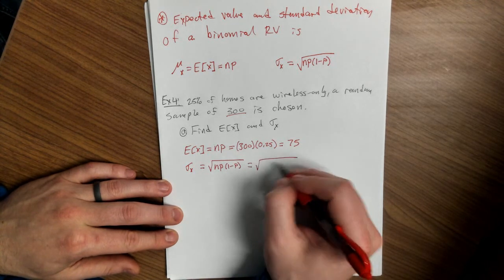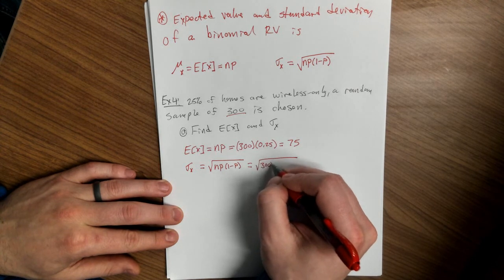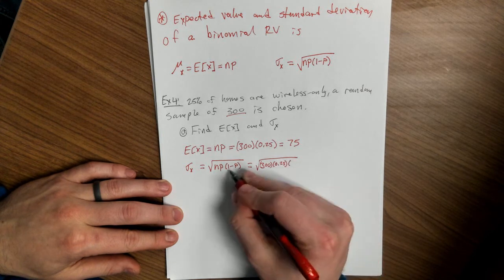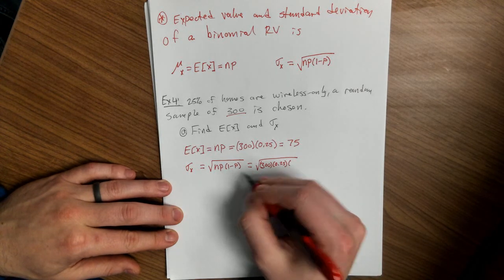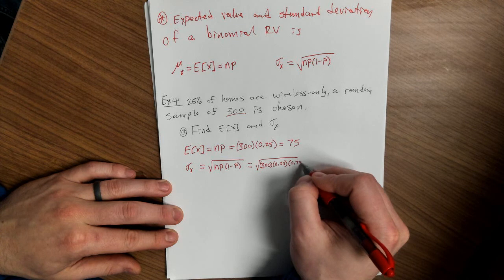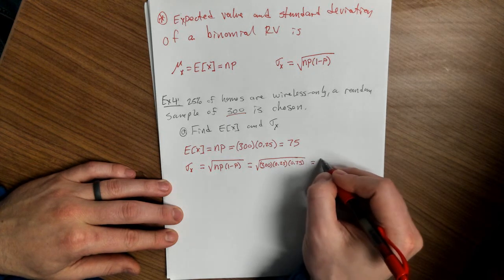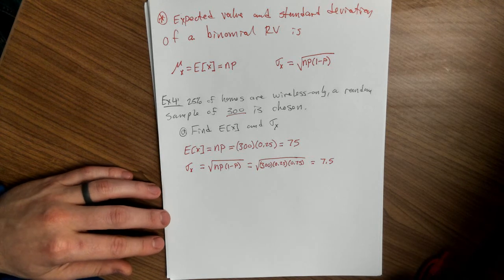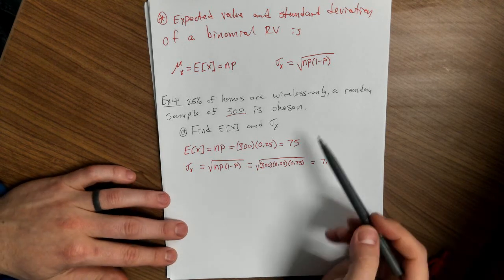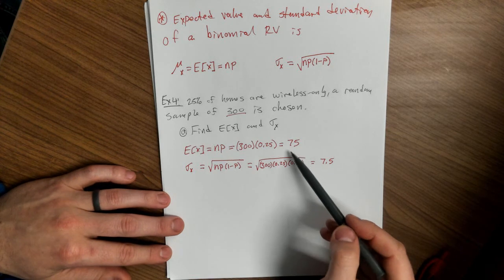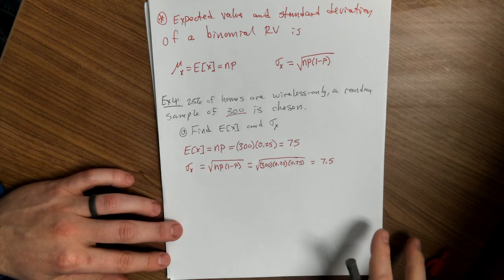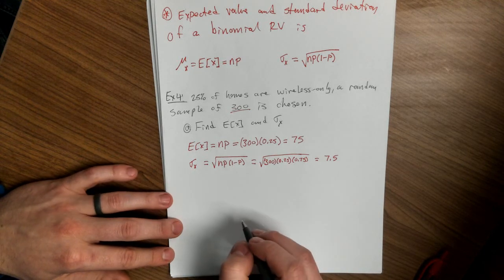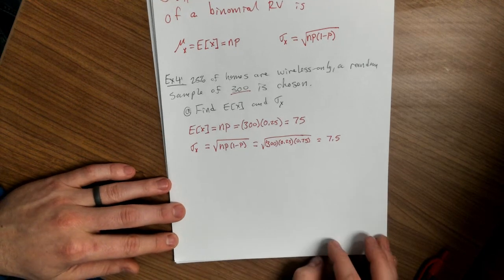N is 300, p is 0.25, and 1 minus p, 1 minus 0.25, is 0.75, which gives 7.5. Alright, so now that we have a mean and a standard deviation, we can use the empirical rule here to take this a step further.